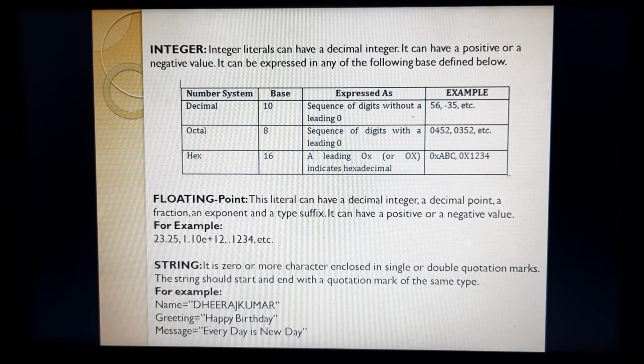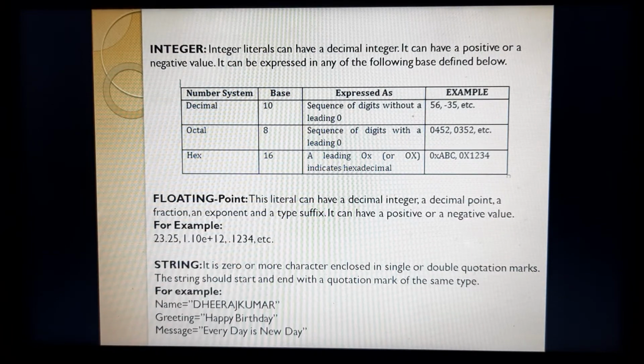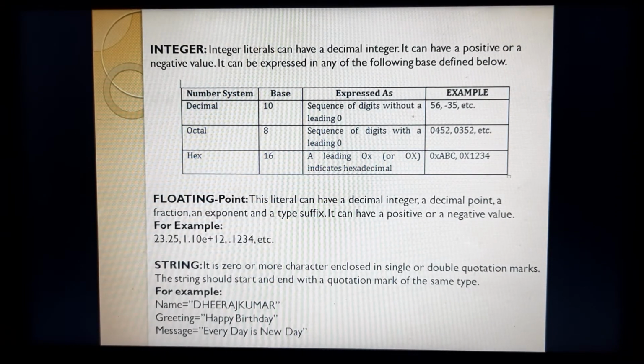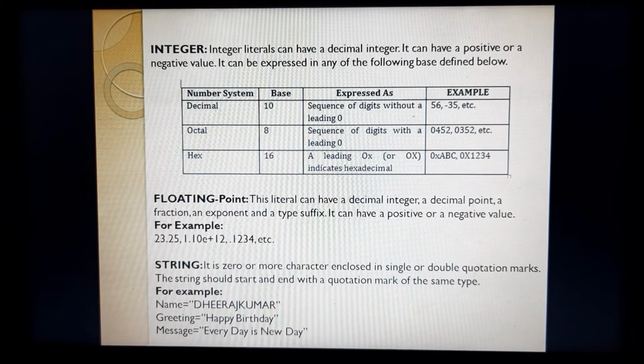So here are some of the examples. The name equals opening double quotation Dheeraj Kumar. Now Dheeraj Kumar is a string of characters enclosed within a pair of double quotations. So you can see at the start we have an opening double quotation, and at the end we have the closing double quotation. So whatever string we have mentioned between these two double quotes is assigned to the name variable.